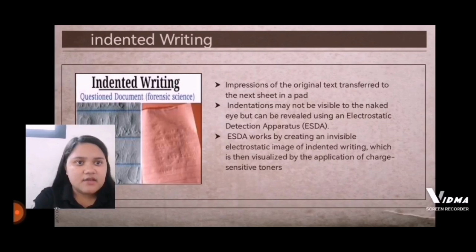Indented writing. Impressions of the original text are transferred to the next sheet in a pad. Indentations may not be visible to the naked eye but can be revealed using an electrostatic detection apparatus.